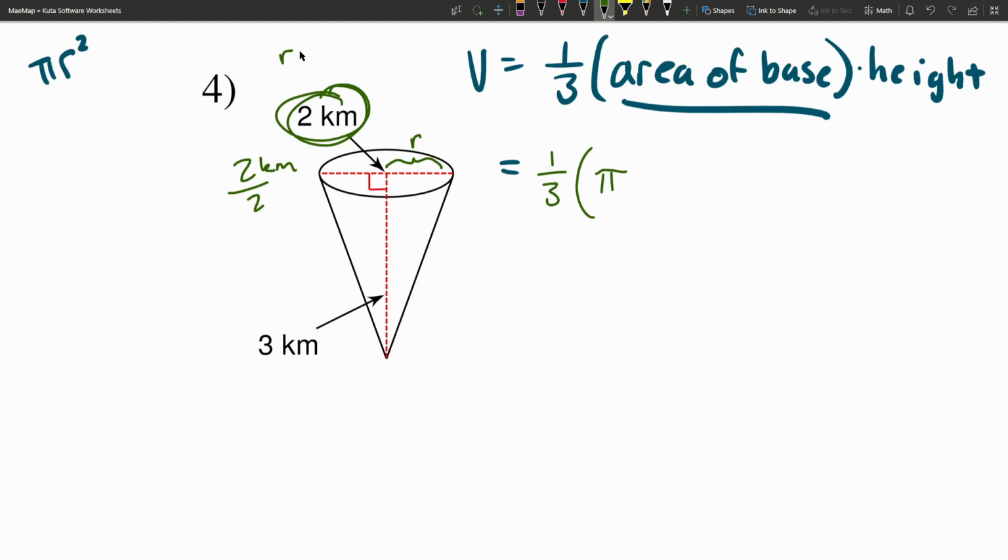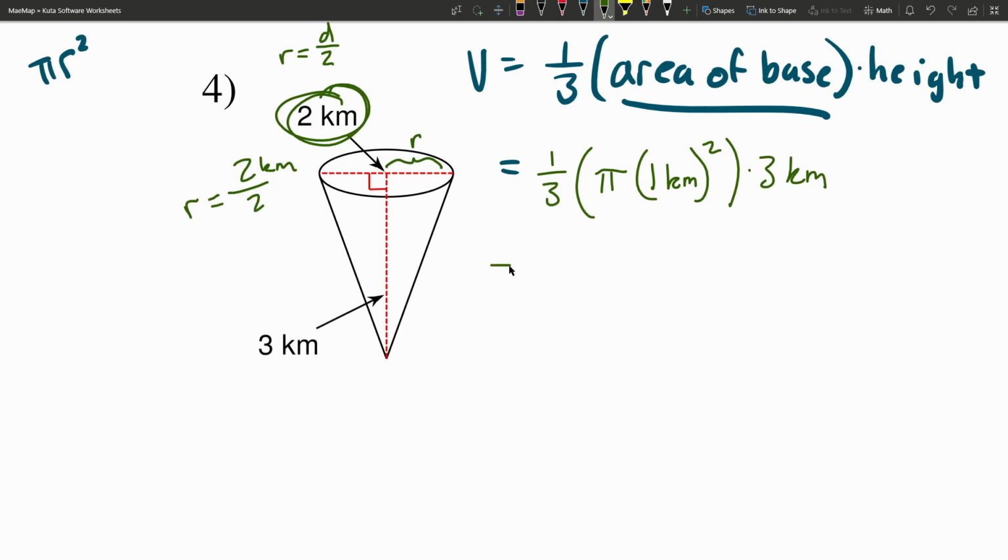Again, that's because the radius equals the diameter over 2, and because we're given the diameter, our radius is 2 kilometers divided by 2, which is 1 kilometer. So we have pi times 1 kilometer, that quantity squared, all multiplied by our height of 3 kilometers.